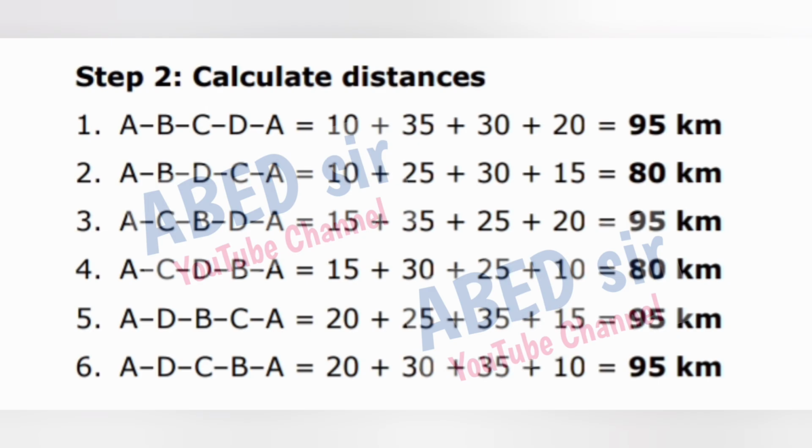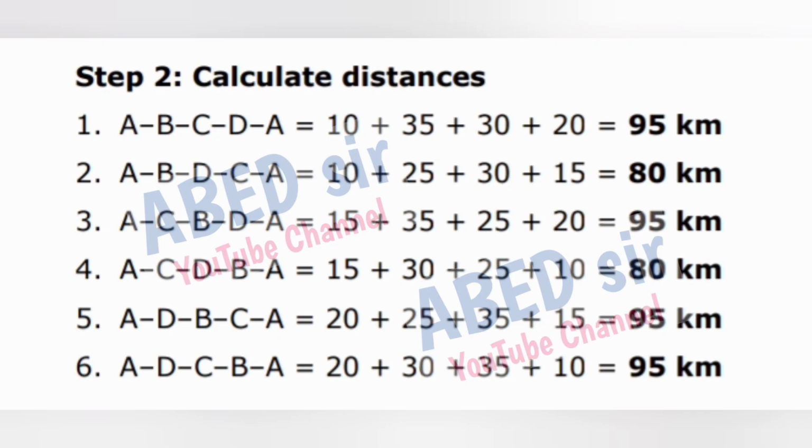Step 2. Calculate distances. 1. A, B, C, D, A is equal to 10 plus 35 plus 30 plus 20 equals 95 km. 2. A, B, D, C, A is equal to 10 plus 25 plus 30 plus 15 equals 80 km. 3.